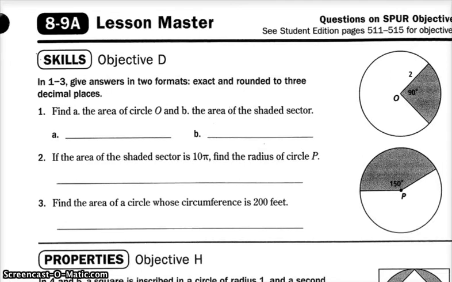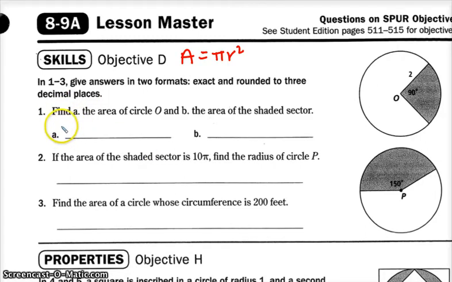Finding the area and the area of a sector are very similar to finding the circumference and the arc length. We're simply going to use our formulas. So if you'll remember, the area of a circle is pi times the radius squared. So if you look at the circle given at the right, in question number 1, the circle has radius 2, and the measure of the arc is 90 degrees.